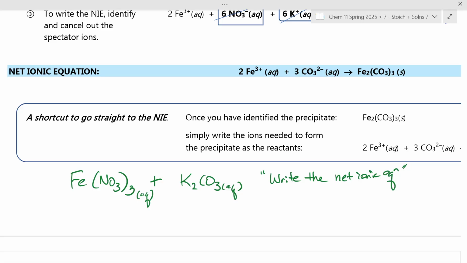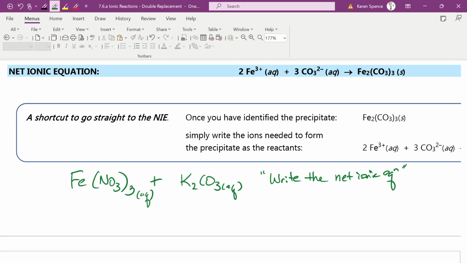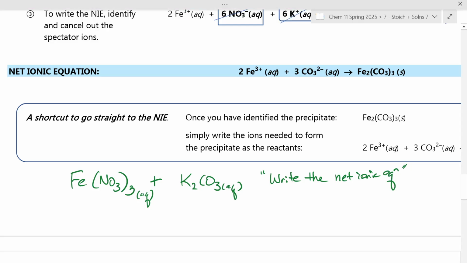If you're asked to just write the net ionic equation, what you can do as a shortcut, and if you don't get the shortcut this year, don't worry about it, you don't have to ever do it this year, but I'm putting it out there in case you like it. You combine your outside ions and get a low solubility compound.